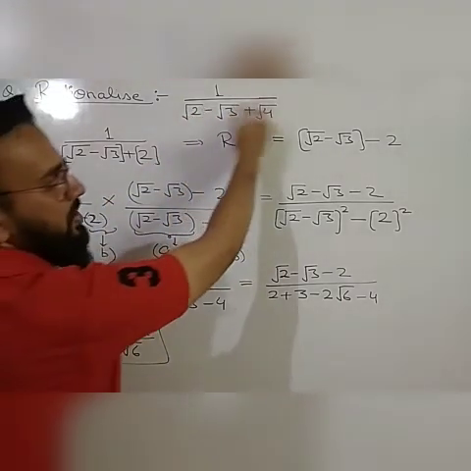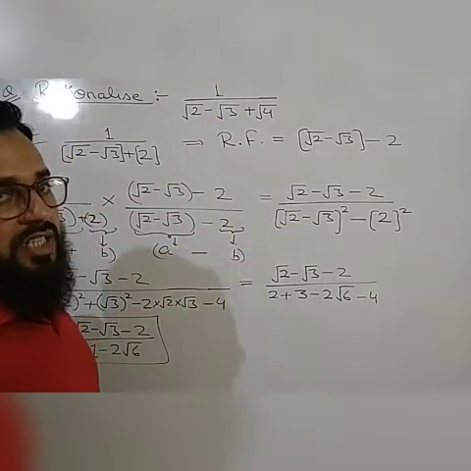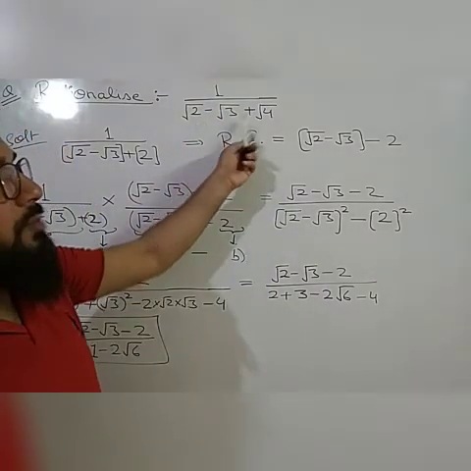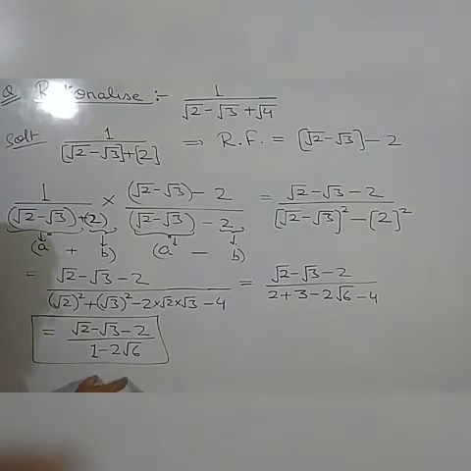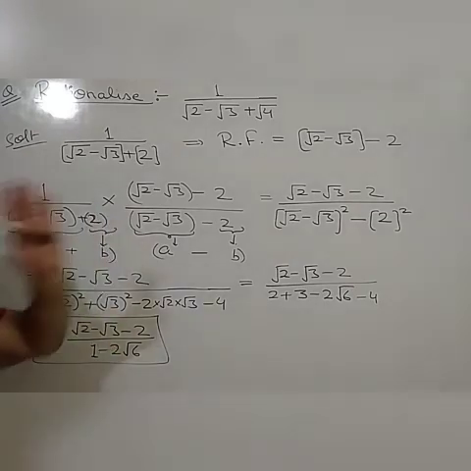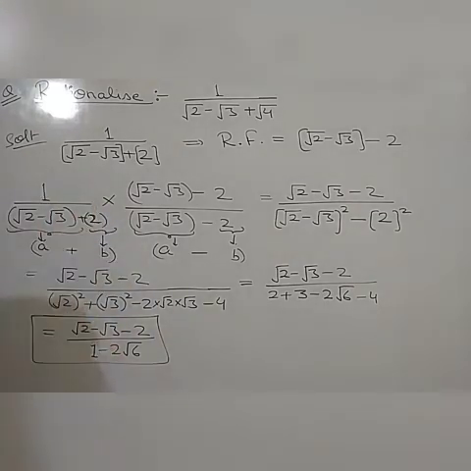There were 3 terms in the denominator, so first we converted them into 2 terms. Now we will further rationalize this term and get the final answer. So first copy it, then we will proceed further.